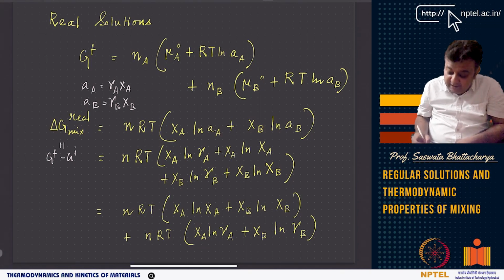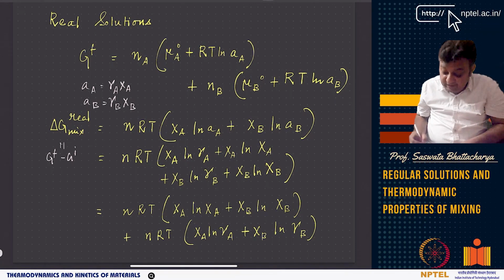Or we can write N common, NRT, XA ln aA plus XB ln aB, and then you can write this as NRT, XA ln gamma A XA, because aA is gamma A XA, right? Plus XB ln gamma B XB. So this is all within the bracket.